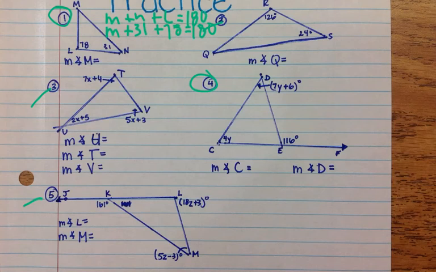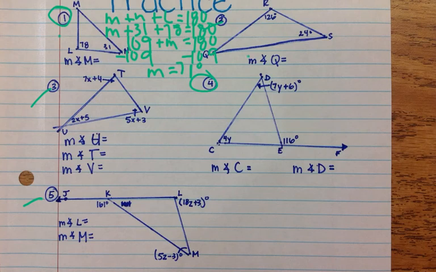That will give me 109 plus M equals 180. Now I need to solve for M, so I'm going to subtract 109 from both sides. And I'm going to end up with M equals 71 degrees. All right, so that's number 1.